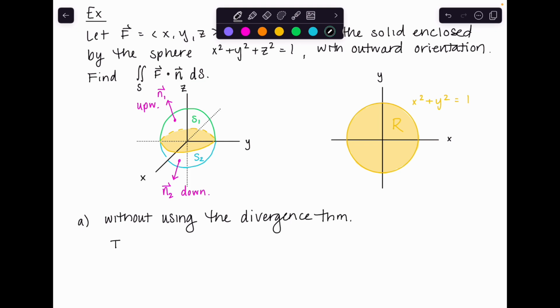So if we want to evaluate this integral I, which is a double integral over S of f dot n dS, instead I'm going to split it up so I can match the orientation of the normal vector to the top and bottom half separately. So this gives me f dot n1, and then we'd have to add the bottom half of the sphere, which has a different normal vector.